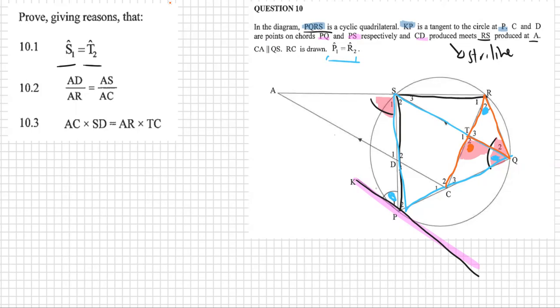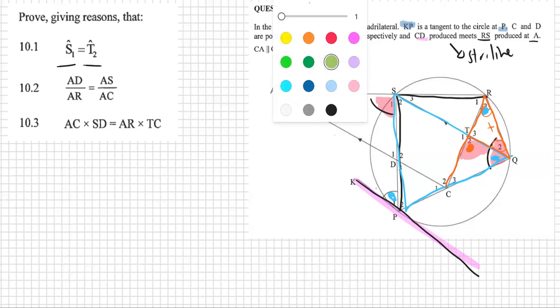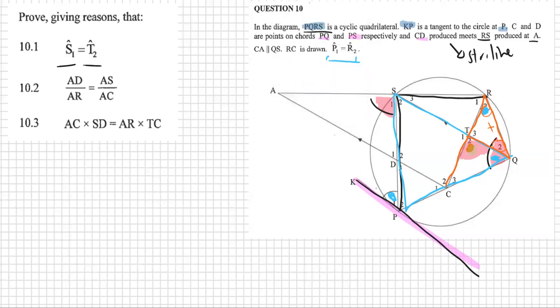So R2 plus Q2 must equal T2. Oh, okay, I think I cracked it now. I need one more color. So R2 plus Q2 equals T2, which is our required to prove. R2 is equal to Q1, so Q1 plus Q2 is also equal to our required to prove.